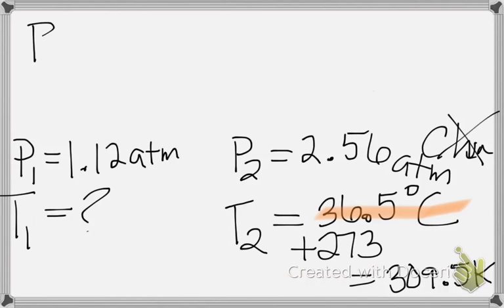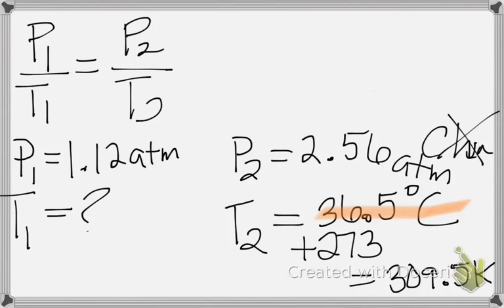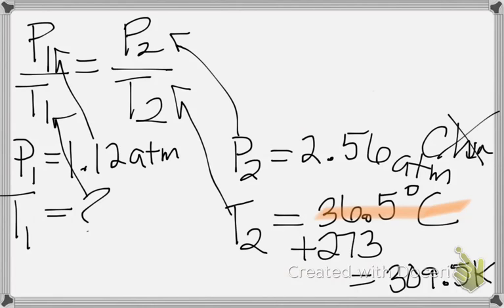So my equation is P1 over T1 equals P2 over T2. Alright? And so, like I said, by doing this, all you actually have to do is just plug and chug. You just plug all your different variables in and see what number you can get. Okay? So let's go ahead.